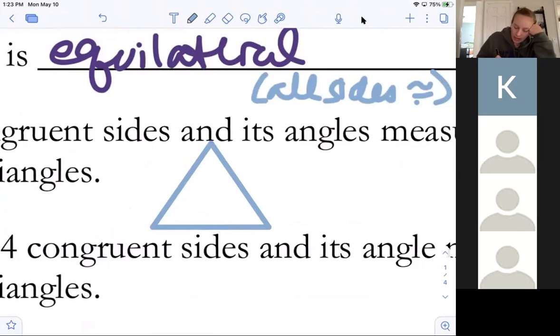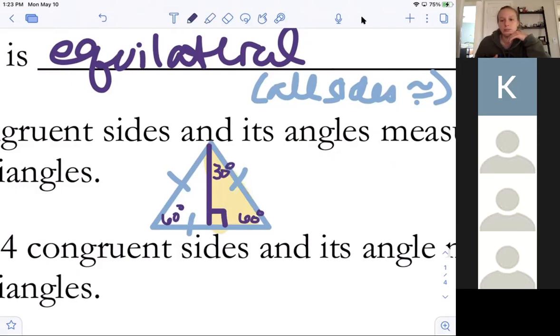We know all the sides are congruent and I know all the angles are 60. And what we're going to do is drop the altitude, drop a perpendicular down here. If that's true, then now instead of having 60, 60, 60, I now have a little triangle that's 90, 60, and then 30 because we split that apart.